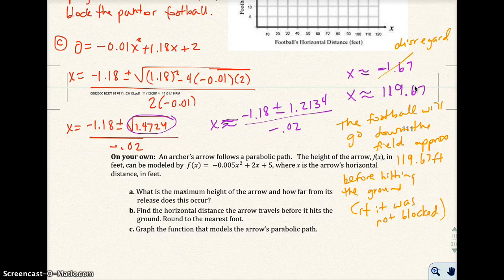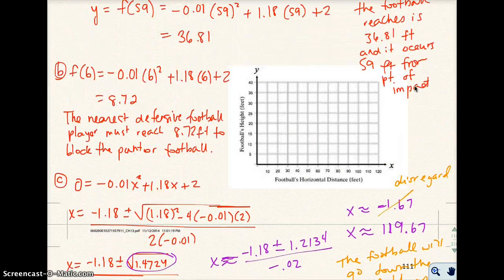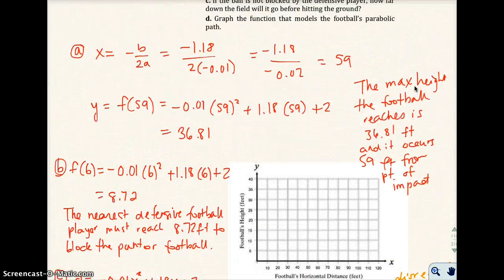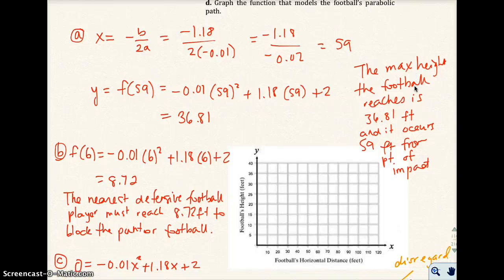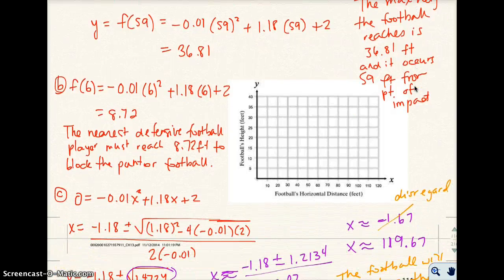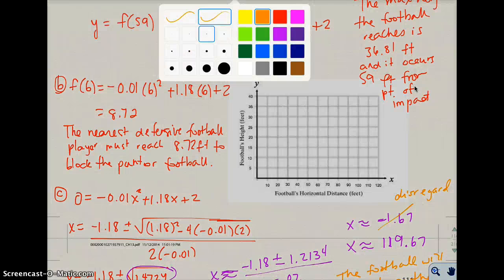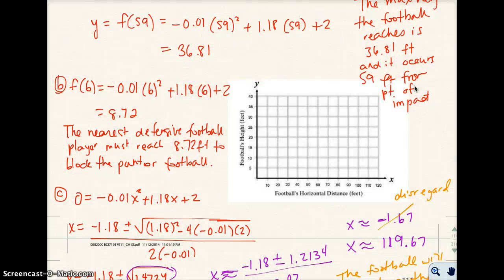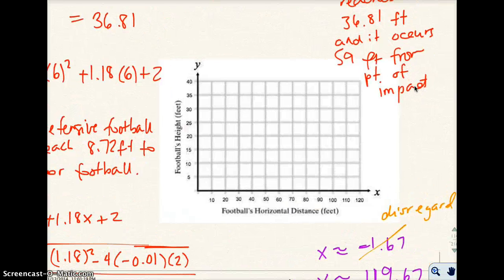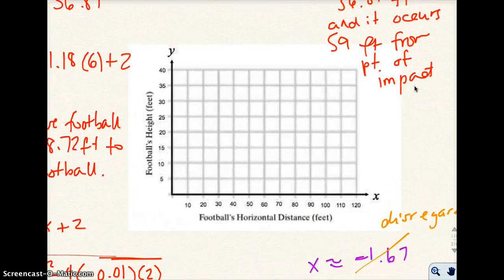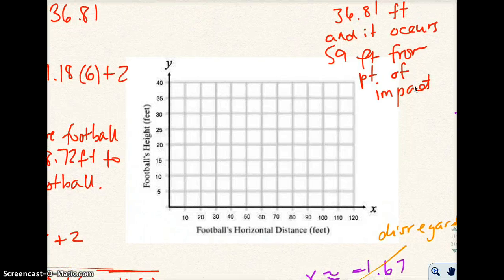Okay. So now we want to, in part D, graph the function that models the football's parabolic path. So we know that the football has a maximum height of 36.81 feet at a distance 59 feet from the point of impact, at the vertex. That's right about here, the 36.81, so right about there.